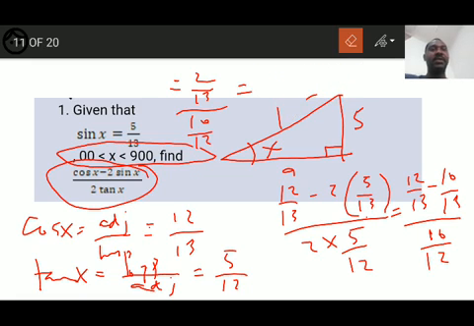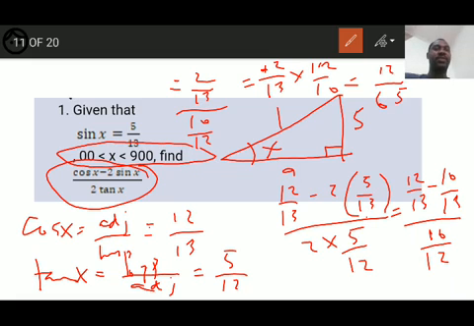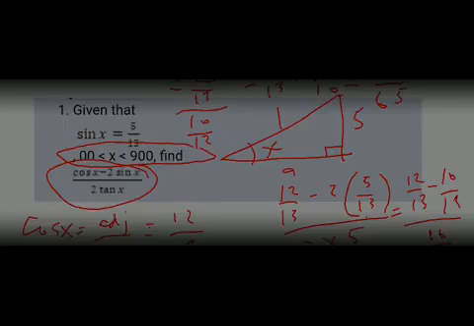So we have 2 over 13 times 12 over 10. Okay, and that's going to give us 12 all over 65, which is the answer to that question. Thank you very much.